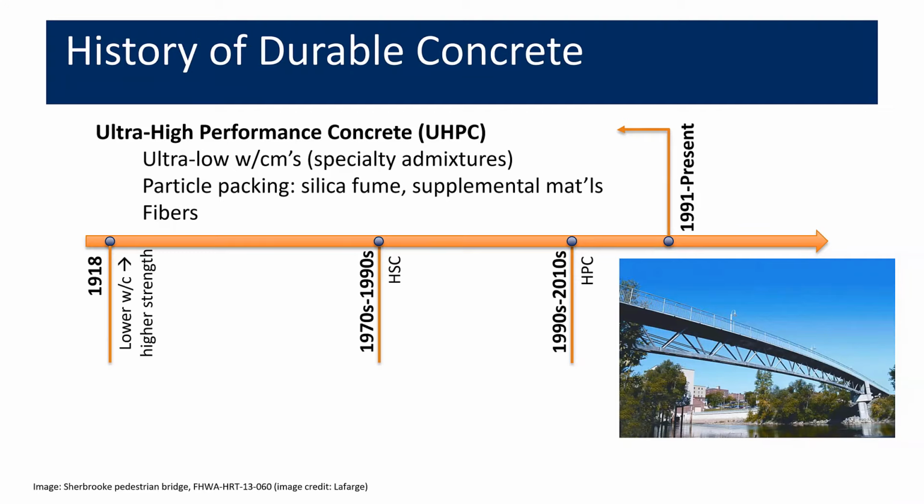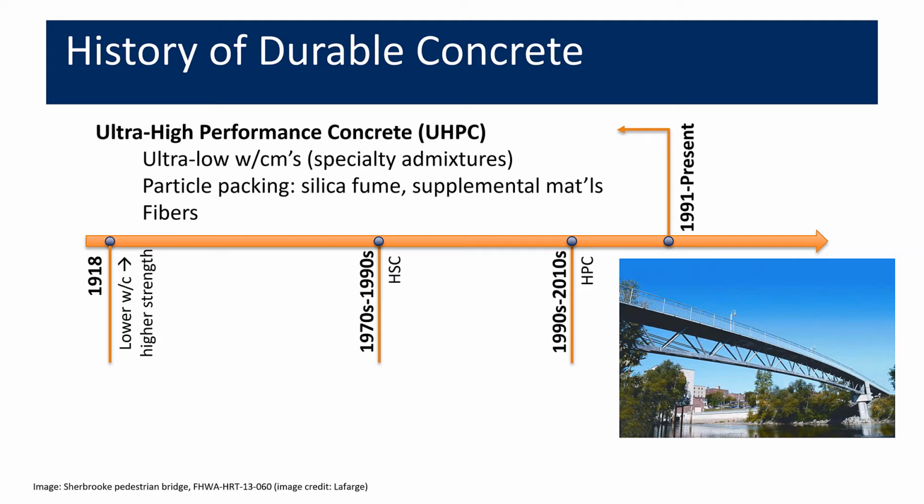As we'll talk about a little bit more later in this presentation, the idea behind particle packing is to really maximize the density of our material, and there's performance benefits associated with that we'll get into. Another characteristic of the ultra high performance concrete is the introduction of fibers, and those introduce tensile properties that can be relied on. And again, I'll get into that a little bit more.